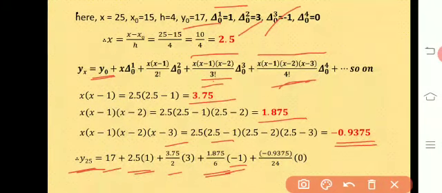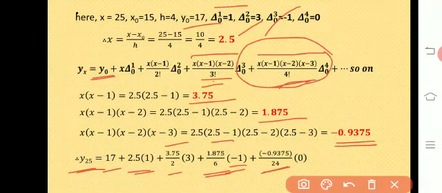So 4 factorial is 4 into 3 into 2 into 1. So 4 into 3 into 2 into 1 is 24. So this term is nothing but minus 0.9375 upon 24 into delta 0 raised to 4 is 0.